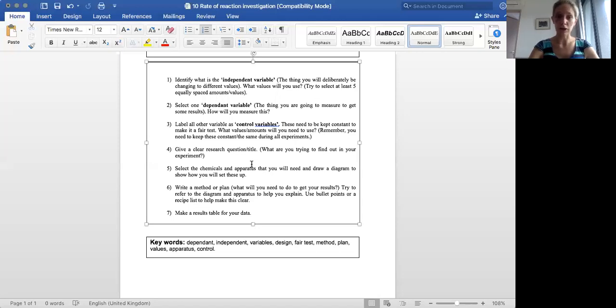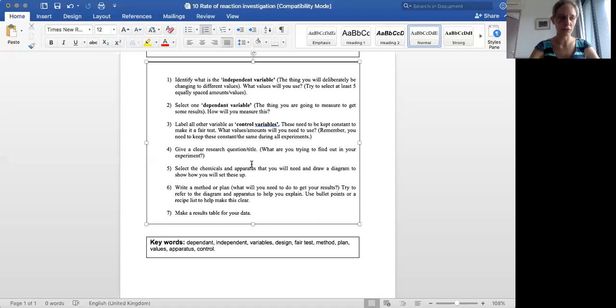Second thing to do is make sure you have a dependent variable. What are you going to measure? Now, for most of you, this is going to be time, the time taken for this amount to dissolve, or the time taken for this amount to change color, or the time taken to fill a particular volume. So it's probably going to be time.